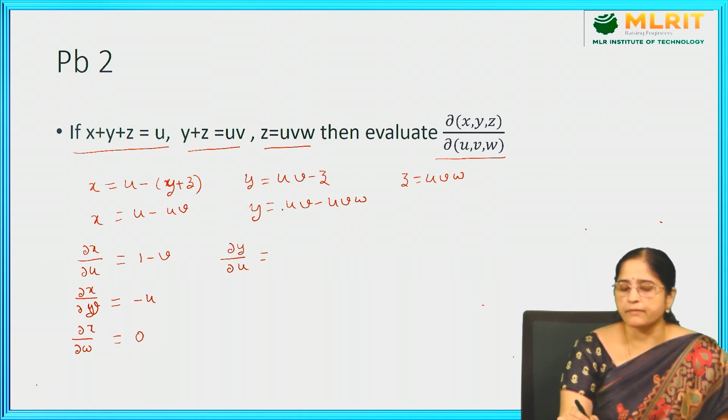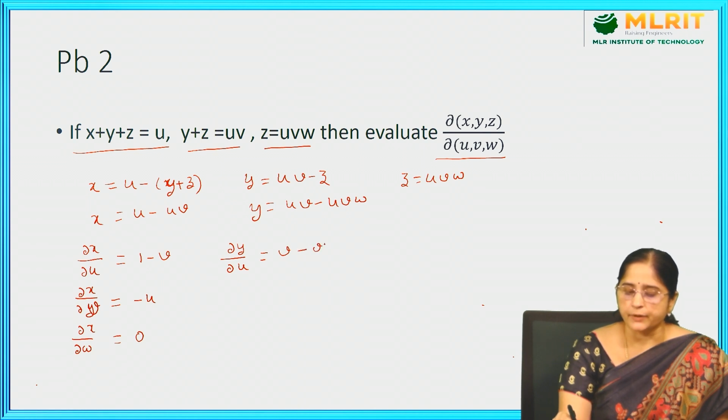Next, ∂y/∂u. So y is uv minus uvw. With respect to u, we have to keep v and w constant. So this is v minus vw. Next, ∂y/∂v equal to u minus uw. Next, ∂y/∂w.